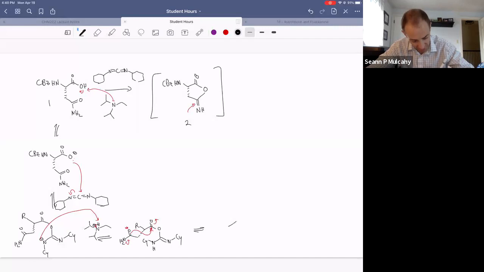So what will that give us? That's going to give us a new oxygen-carbon bond like this.